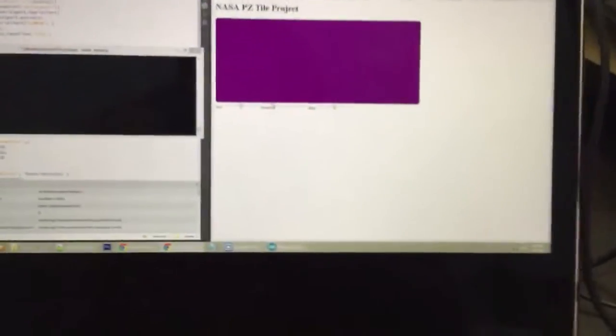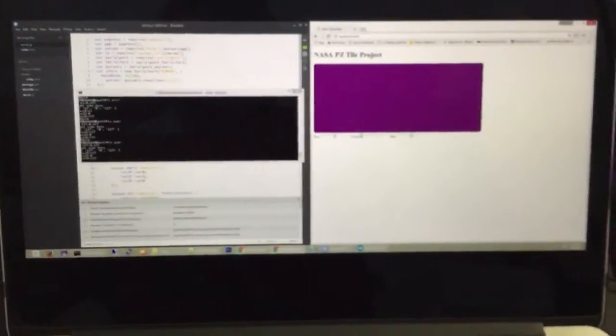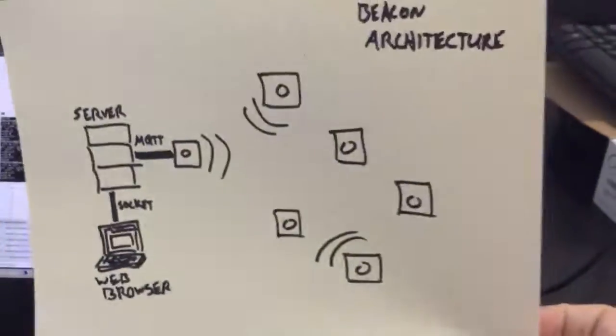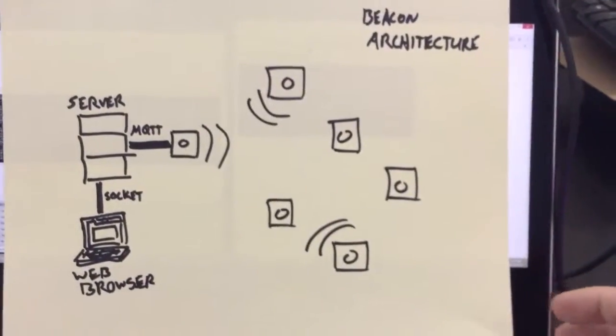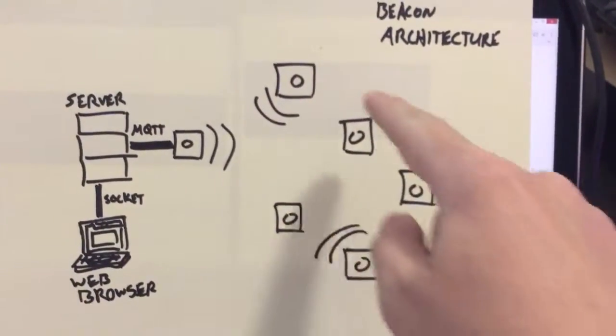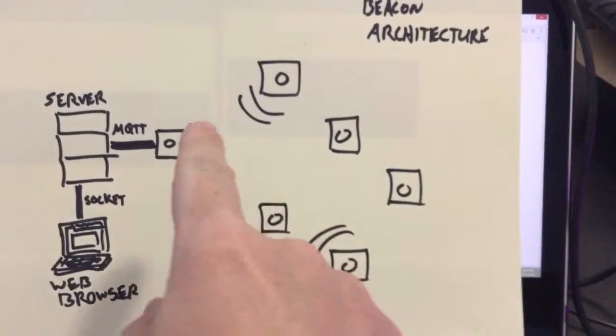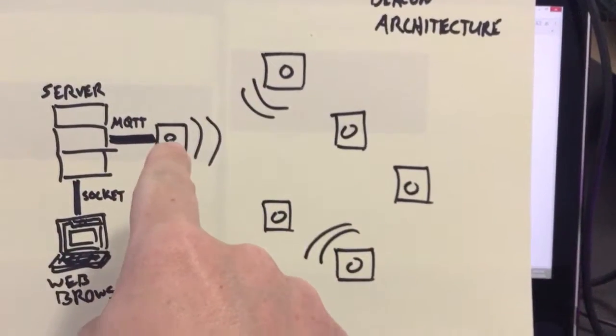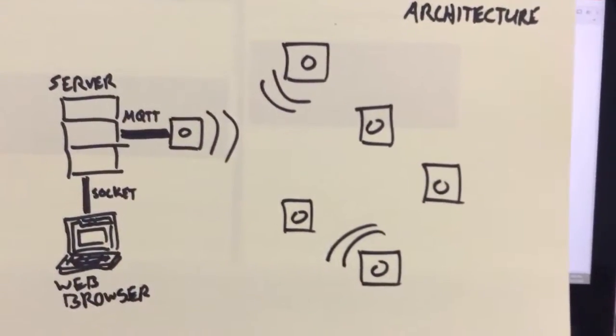Here, I'll press another button over here, and I can press a button on this one. That should give you an idea about how this beacon-based architecture can work with Bluetooth devices, where we can have lots and lots of devices that are listening and a couple that are placed around that link back to a centralized server.